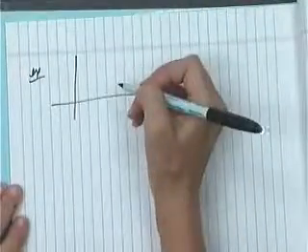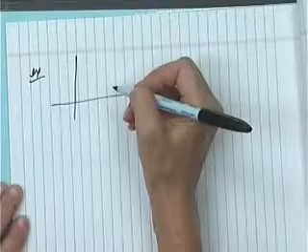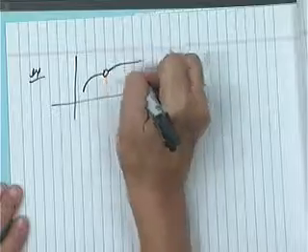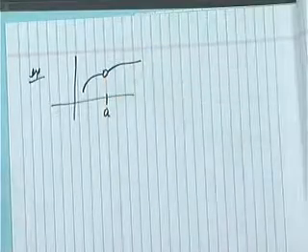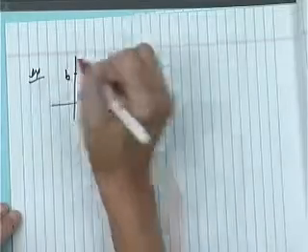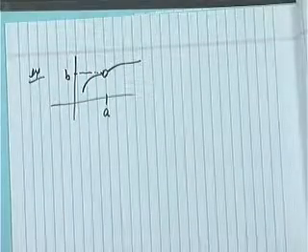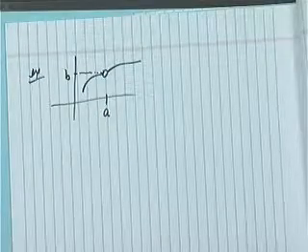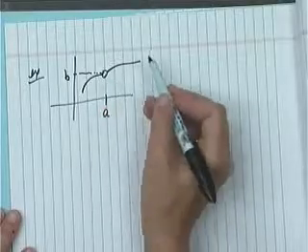Here's my next example. This is an open circle at A, and I don't have any dots around here anywhere. Would you say this is continuous at A?